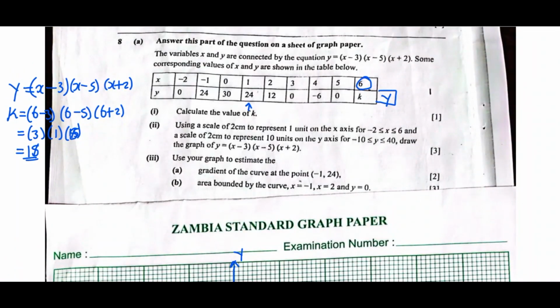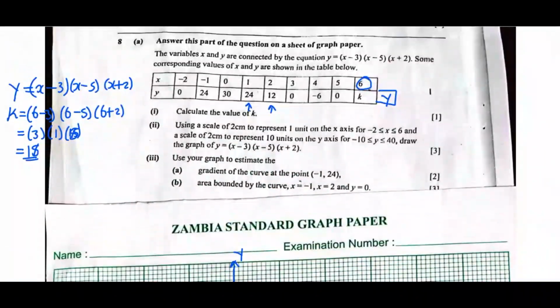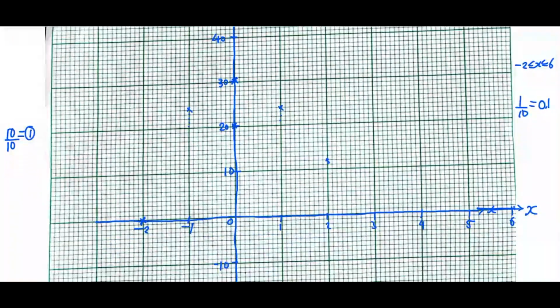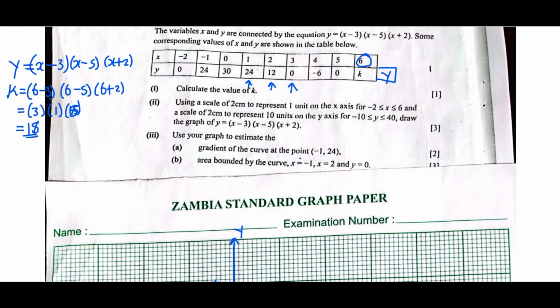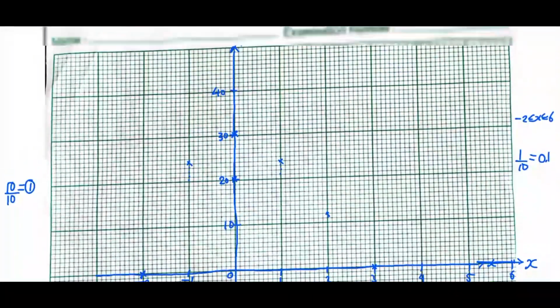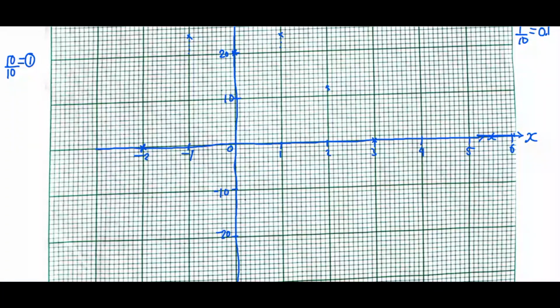Then we have 2, 12. 10, 11, 12 is here. Then 3, 0 is here. Then we go to 4, -6.